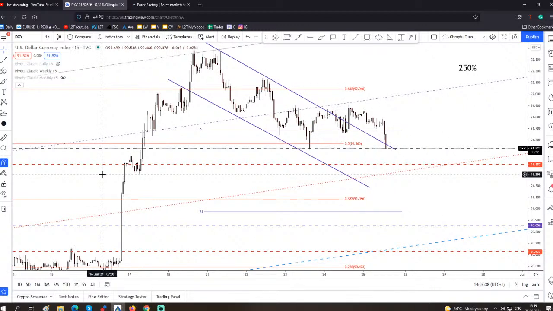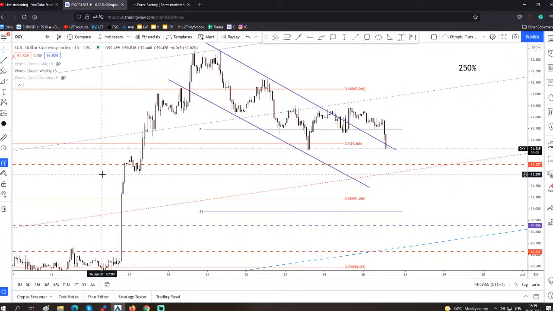Let's wait and see. Some negative maybe data, poor data, worse than expected US data could send the DXY maybe lower towards new lows, which could help us with our existing trades on silver.